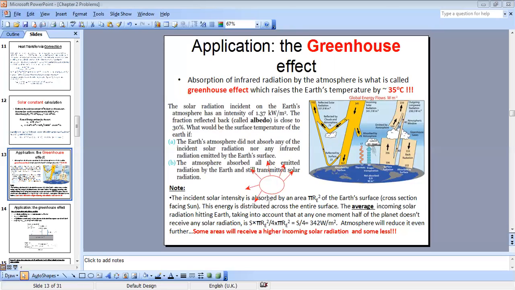So now, if you want the radiation flux per unit area, what should I do? I will say that the Earth is absorbing the following amount. It's absorbing S, which represents the flux that is reaching the Earth.